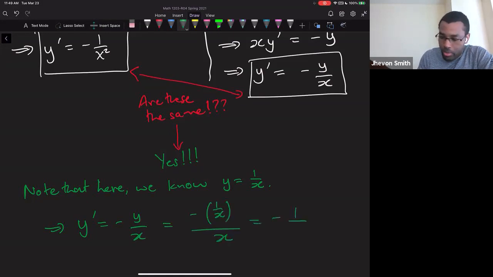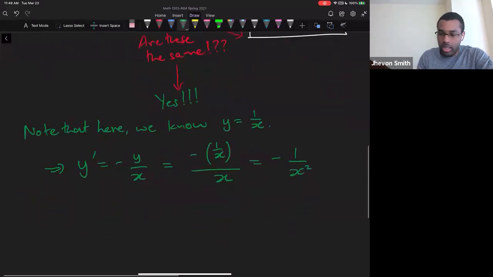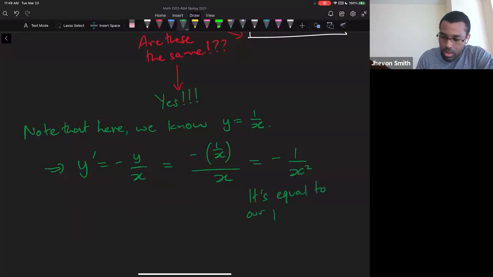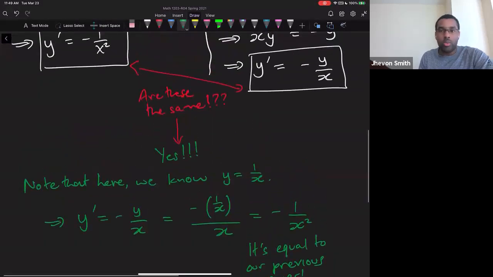So that actually just becomes minus 1 over x squared. It's equal. It's an equivalent way of writing down the answer, right? So it's actually the same.